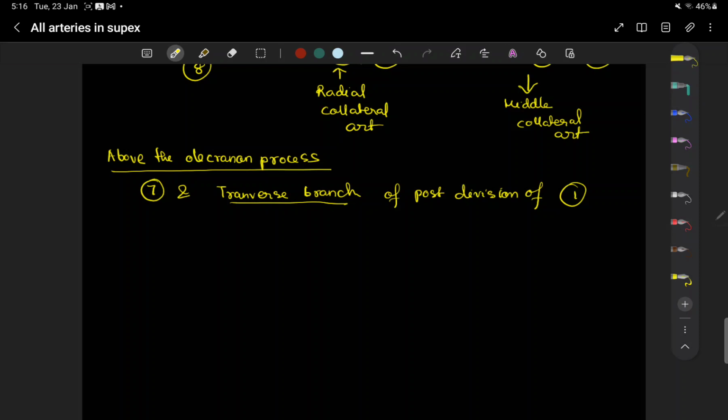It is present above the olecranon process. So this is the major anastomosis present around the elbow joint.